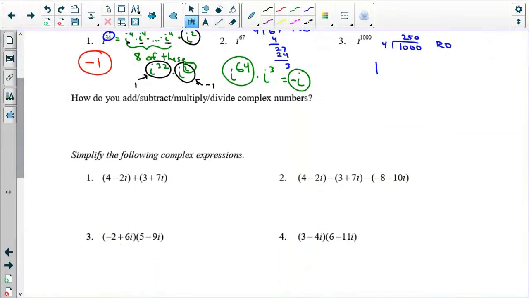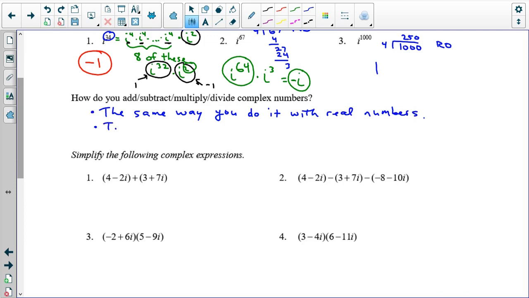How do you add, subtract, multiply, or divide complex numbers? The same way you do it with real numbers. Now, there are a couple of caveats.